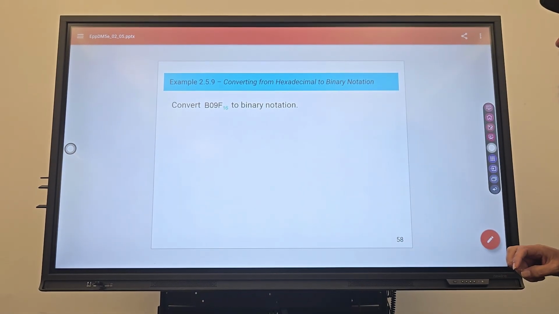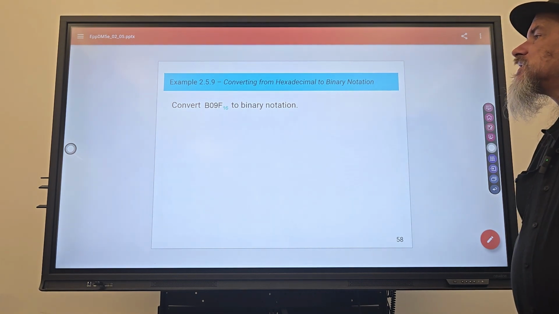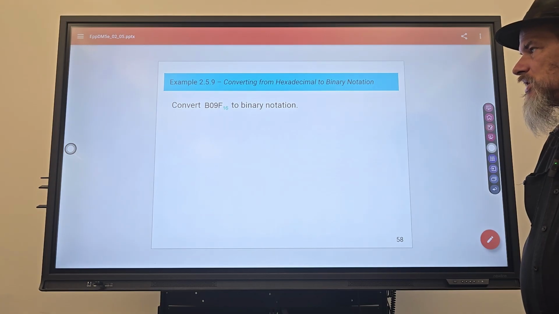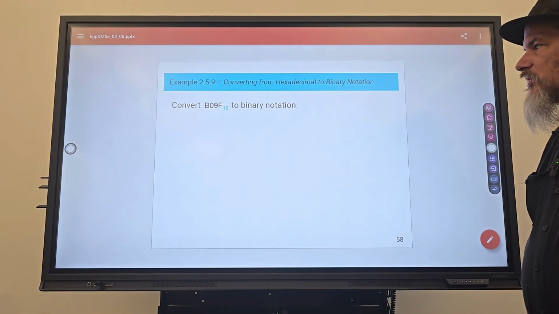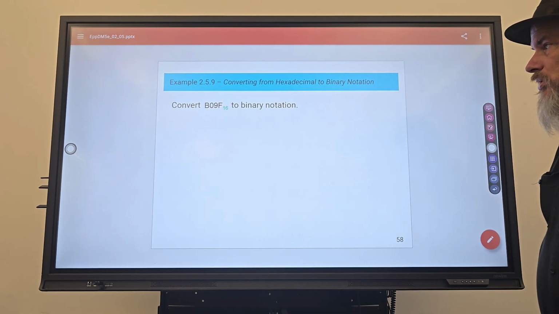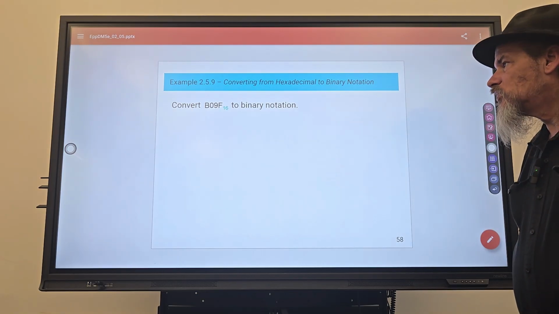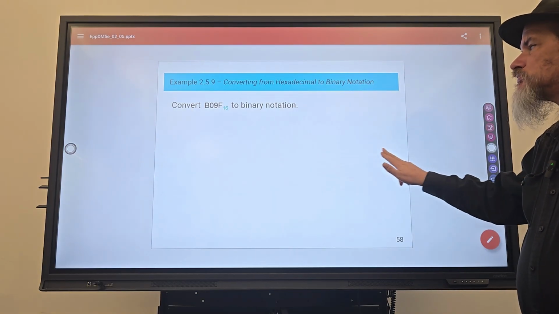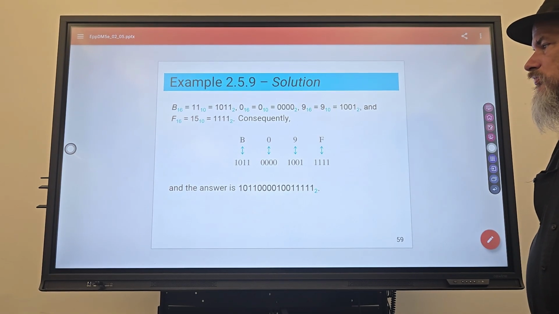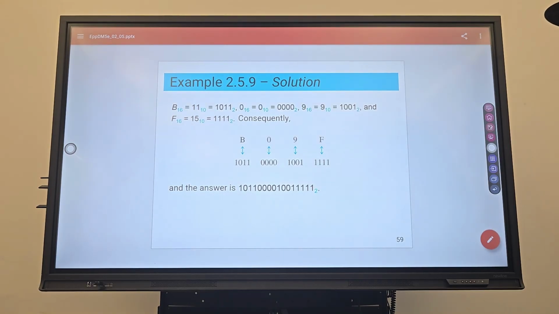So B09F would be 1010 for B, 0000 for 0, 1001 for 9, and 1111 for F. So, yeah, it's just a simple substitution.